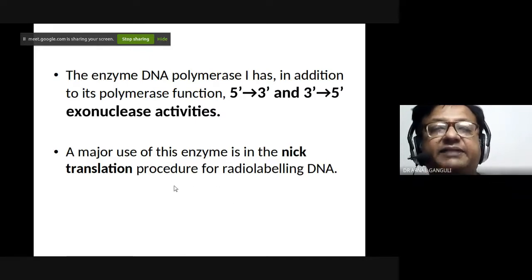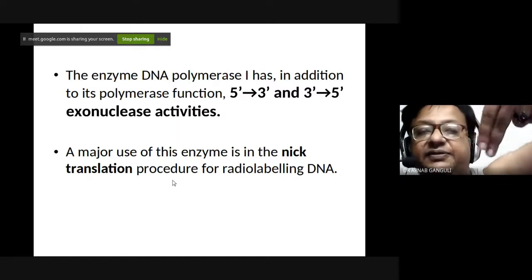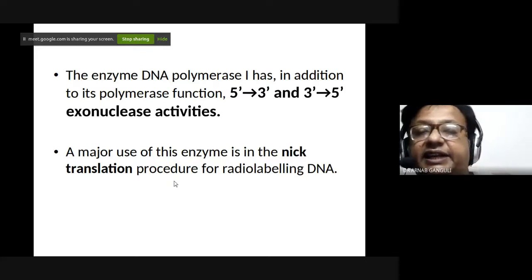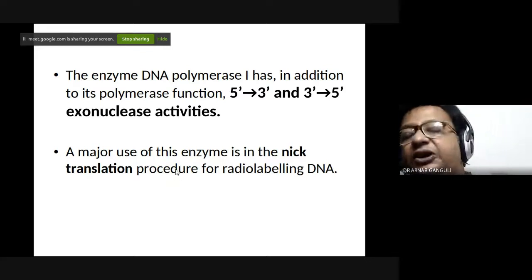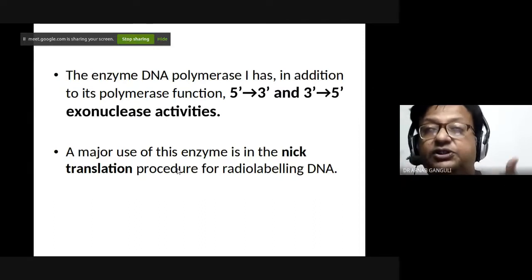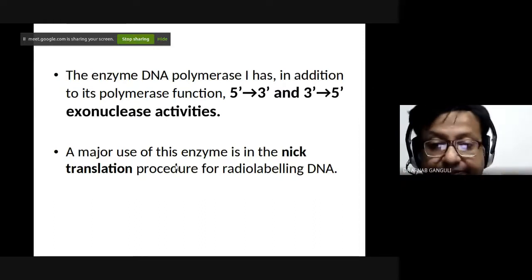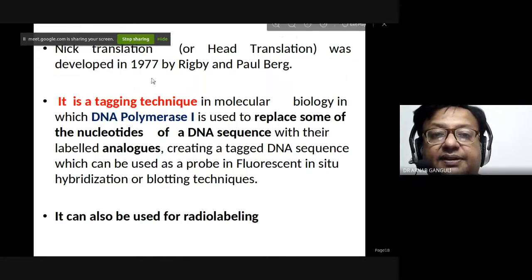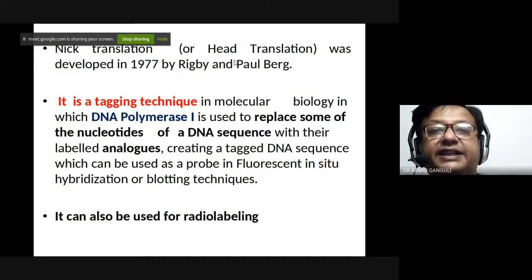Nick translation means you cut with an exonuclease, you put in a radiolabeled nucleotide, and then give DNA polymerase. This radiolabeled nucleotide is incorporated and your DNA becomes radioactive. You can use it for further detection. Nick translation was developed by Rigby and Paul Berg.